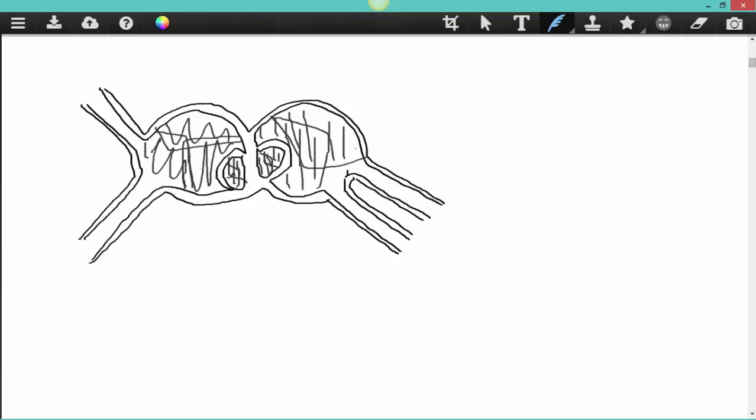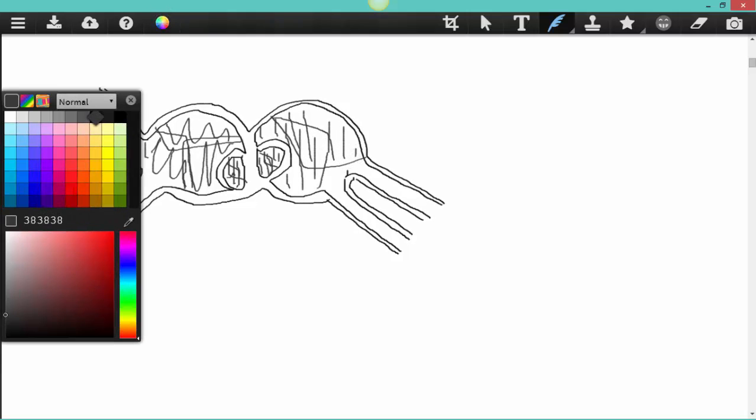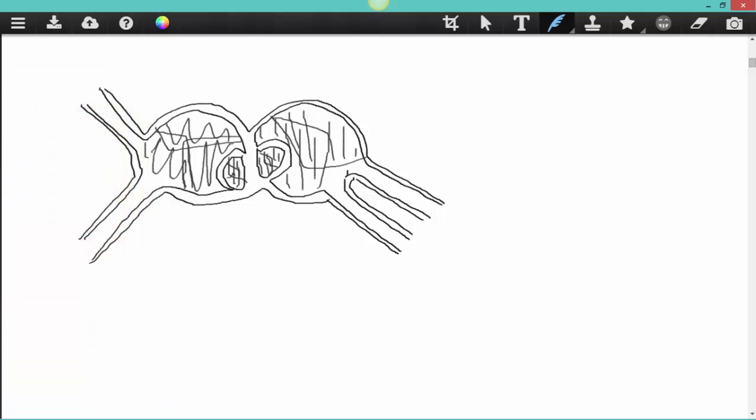Now this is a transverse section of the upper chamber of the heart. So let's label it.